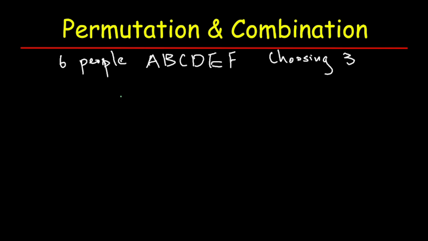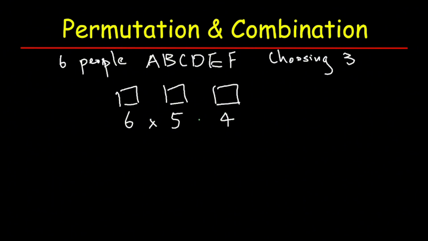Once again, since we are choosing 3, our multiplication will have 3 steps. The first place, there are 6 different choices. Then for the second place, we will only have 5 because one person would have to be in first place. Then for third place, we only have 4.